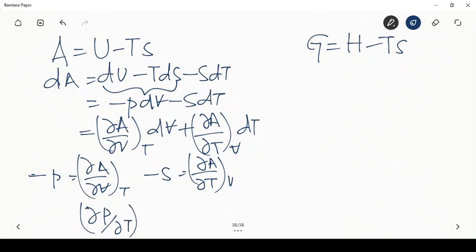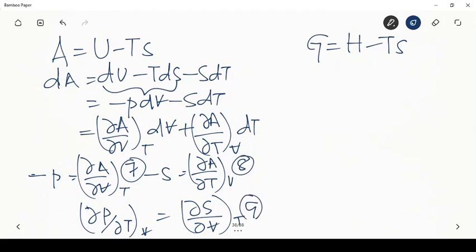Del P by del T at constant V is equal to del S by del V at constant T. Okay, so this is the next expression that you get. So you have equation numbers 7, 8 and 9 here.